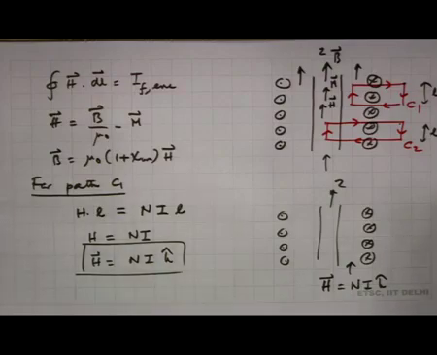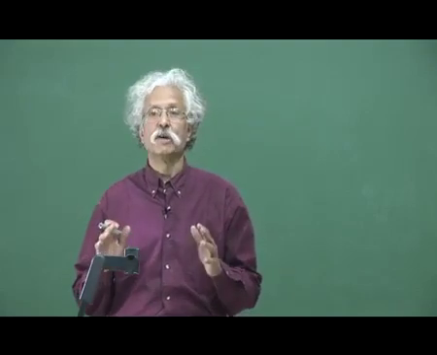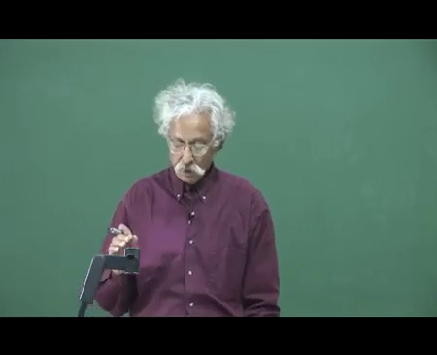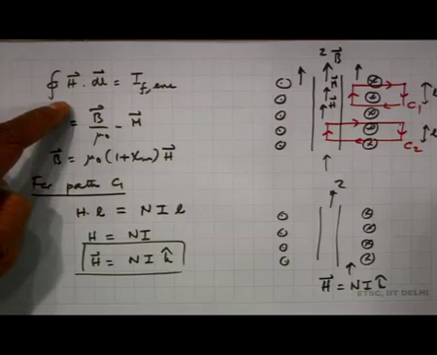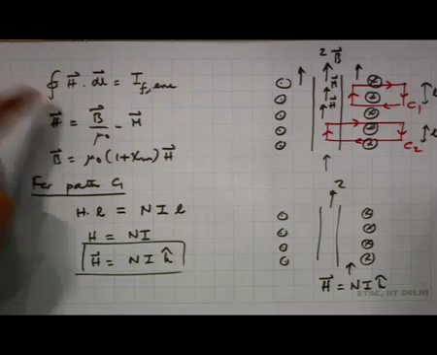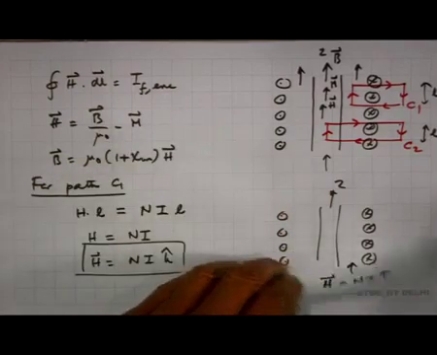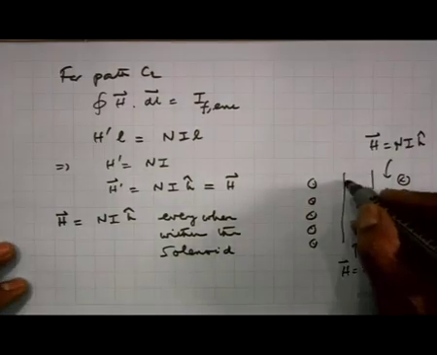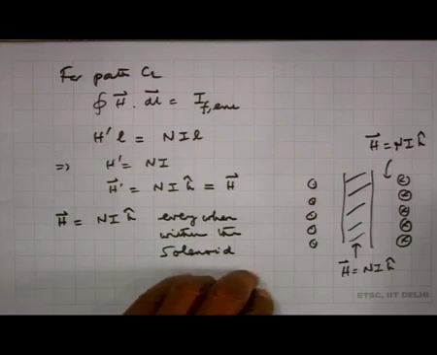So, all the symmetry arguments which I had used to get the magnetic field of a solenoid are still valid, and that has helped me to do this integration on the left hand side in spite of the fact that I did not know exactly the value of H. And that has helped me to find the H vector within the solenoid and outside the solenoid for this problem. So, the H vector is the same whether you are within this medium or outside the medium. As long as you are within the solenoid, the H vector is the same.